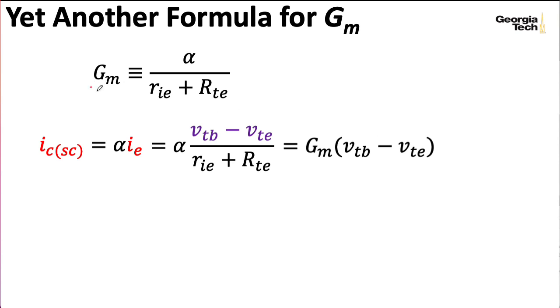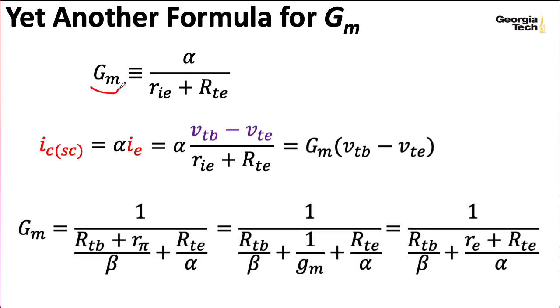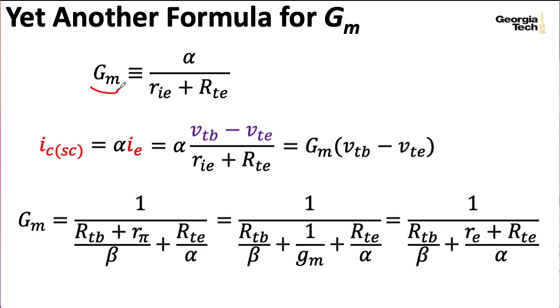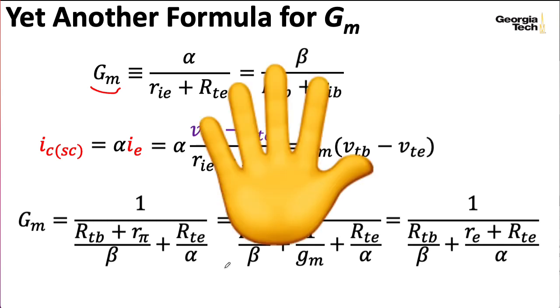This GM here is equivalent to all of the GMs we computed in that initial lecture about looking for a Norton equivalent circuit for looking into the collector. And it's also equivalent to this formula we computed in the last lecture when we were dealing with equivalent circuits looking into the base. So we now have not 1, not 2, not 3, not 4, but 5 equivalent formulas for this GM quantity.